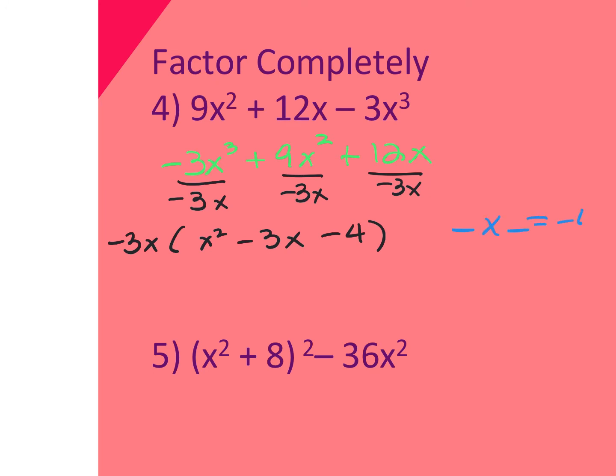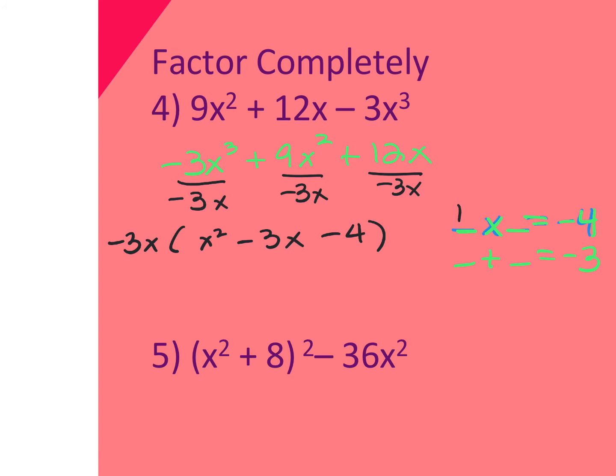So two numbers that multiply to give me negative 4, but who will add to give me negative 3. So if I start my organized list, notice the signs need to be different in order to get a negative 4. And the larger factor is going to be the sign of the middle.